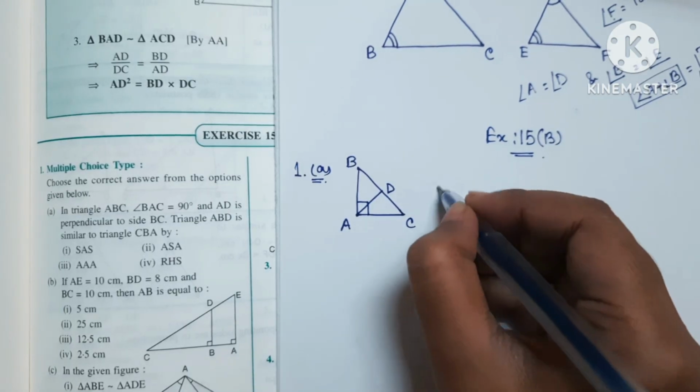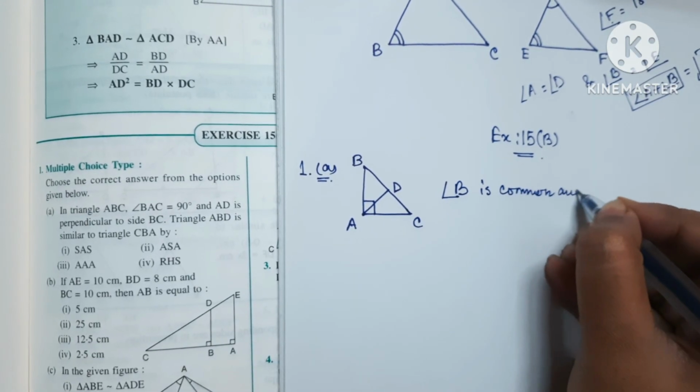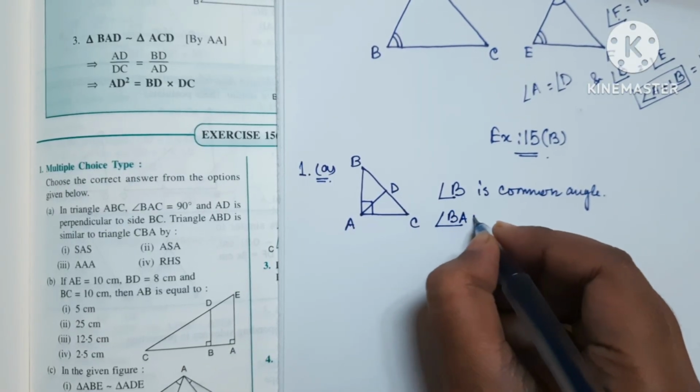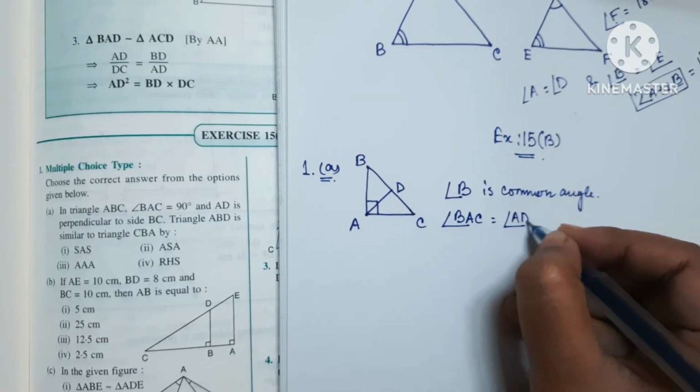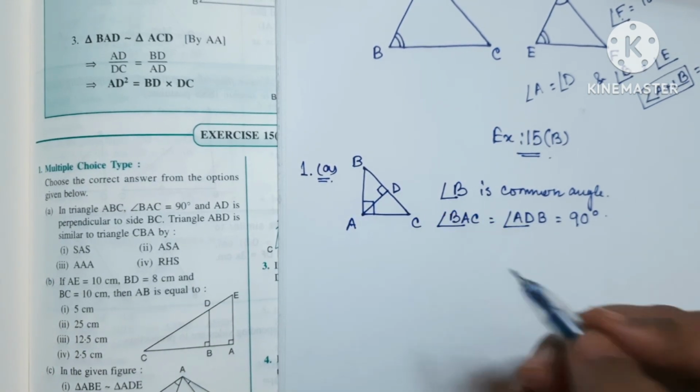Okay, now see, angle B is common angle. Angle BAC is equal to angle ADB is equal to 90 degree. See, this is 90 degree and that is also 90 degree, right?